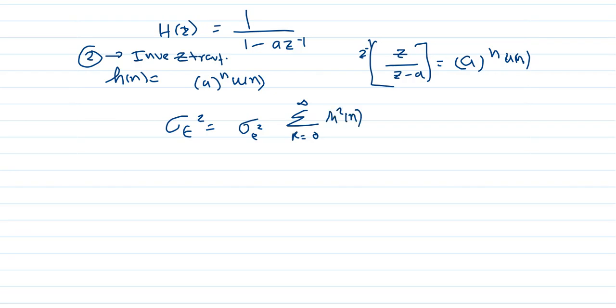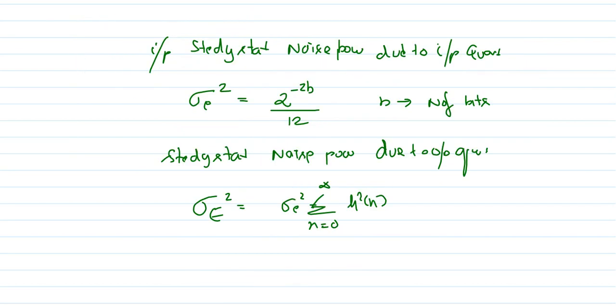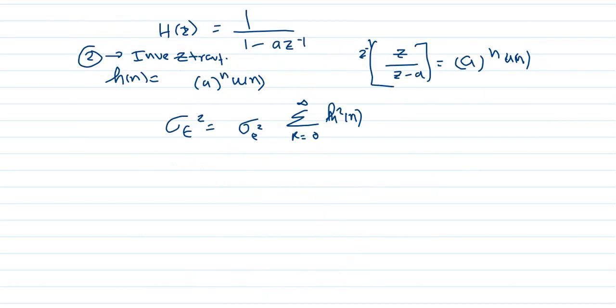Okay, that is a formula to find the value. Nothing is given about sigma e square, so we will retain it as such. Summation k equal to 0 to infinity, what is h of n? It is a power n u of n, so the whole square.